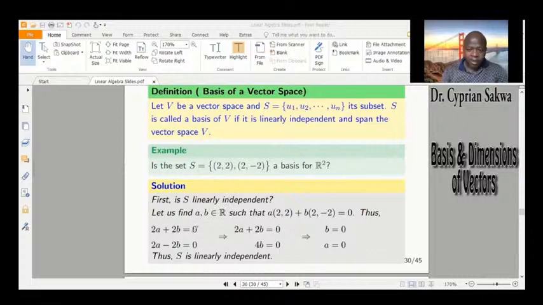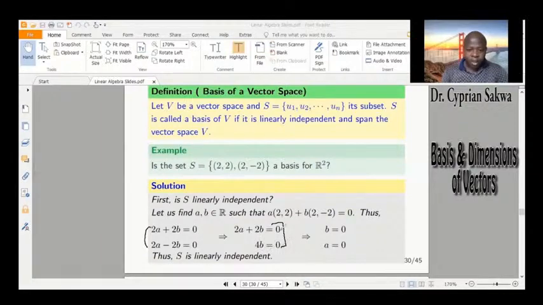But if they are both 0, then the vectors are linearly independent. So I multiplied A times the first vector plus B times the second vector, and this is the system of linear equations I have. I reduced to echelon form, and my last row here implies that B is 0.